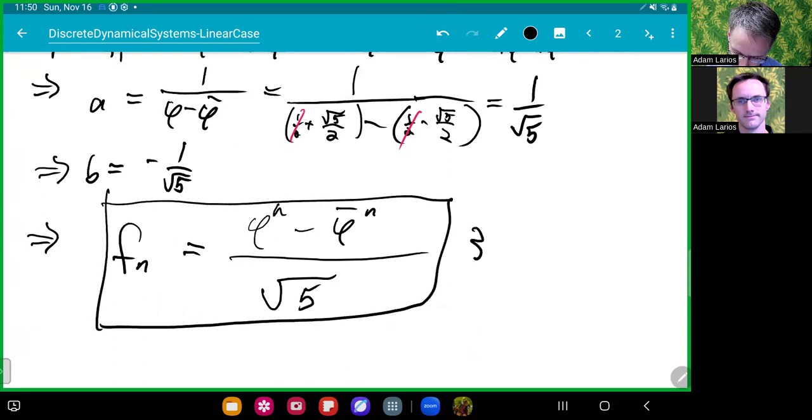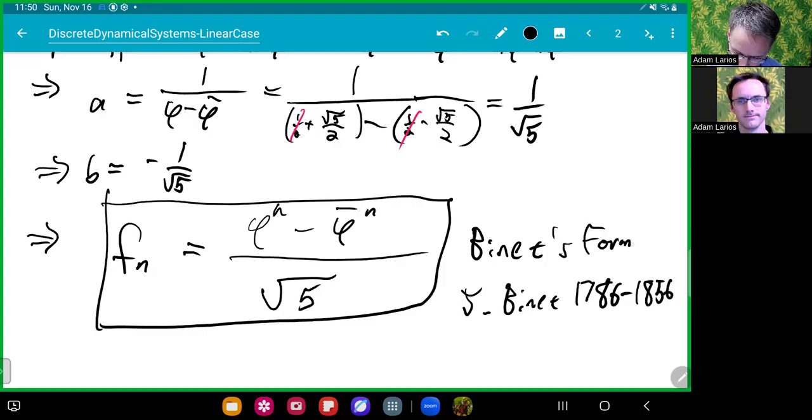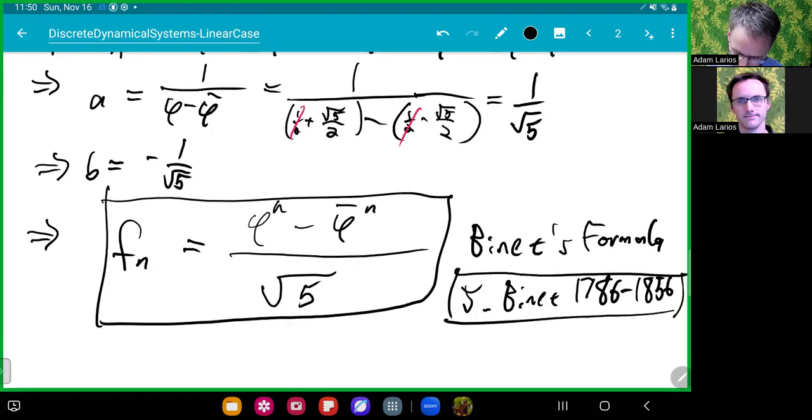In fact, this has a name. This is Binet's formula. That's by, I think, Jacques Binet, who lived 1786 through 1856. It was actually known before Binet. It had been discovered earlier, but he sort of rediscovered it and popularized it.